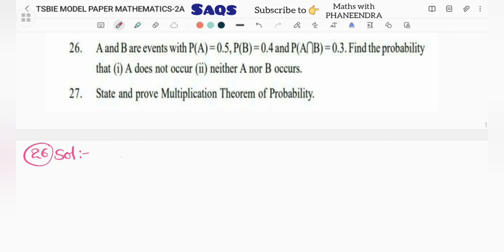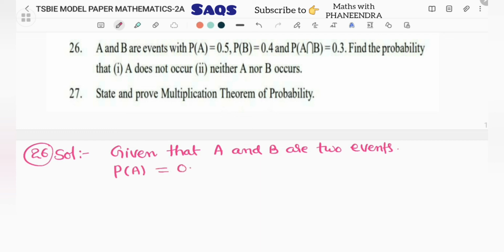So given that A and B are any two events, the probability of A is given as 0.5, the probability of the event B is given as 0.4, and P of A intersection B is also given, 0.3.